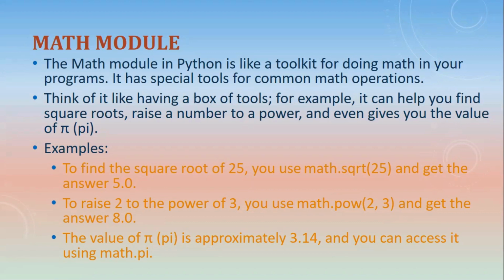Also, if you want to use the constant value pi, which is of course 3.14, you can access it using math.pi, right? So these are some mathematical functions. We also have cos, sine, and tan. You can use these mathematical functions for calculations regarding trigonometry, right?